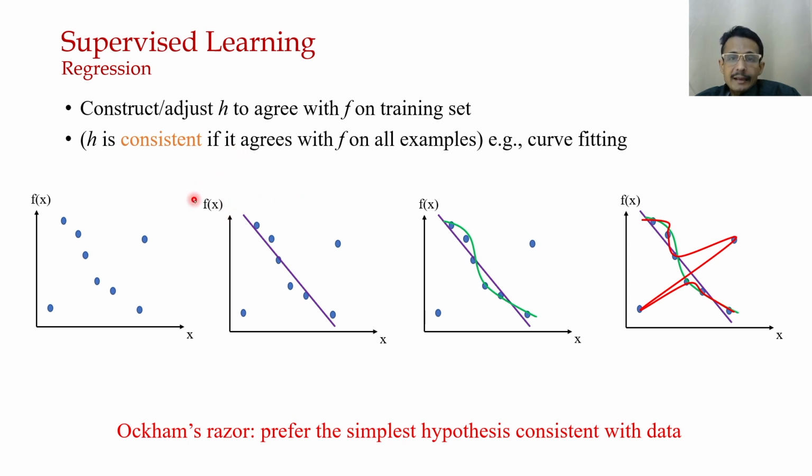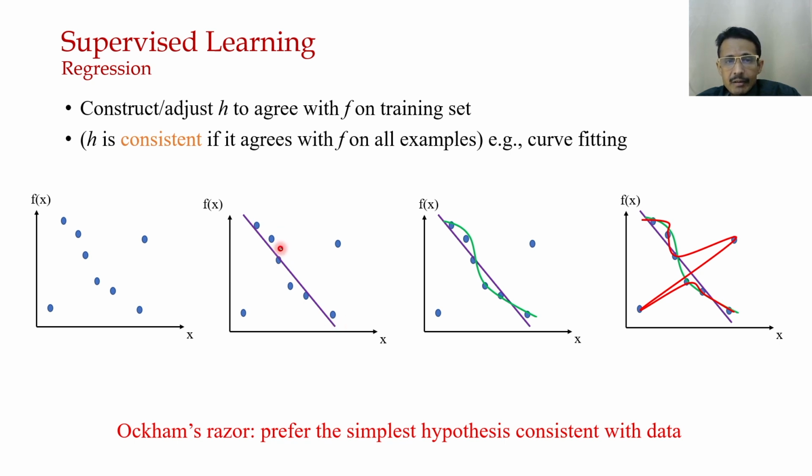Now take an example. These are the data points, and we can get hypothesis functions of different kinds. Our ultimate purpose is to find a hypothesis function, maybe linear, maybe non-linear, a curve, even a very complicated curve, but every time our basic purpose is that it represents the data points very well.